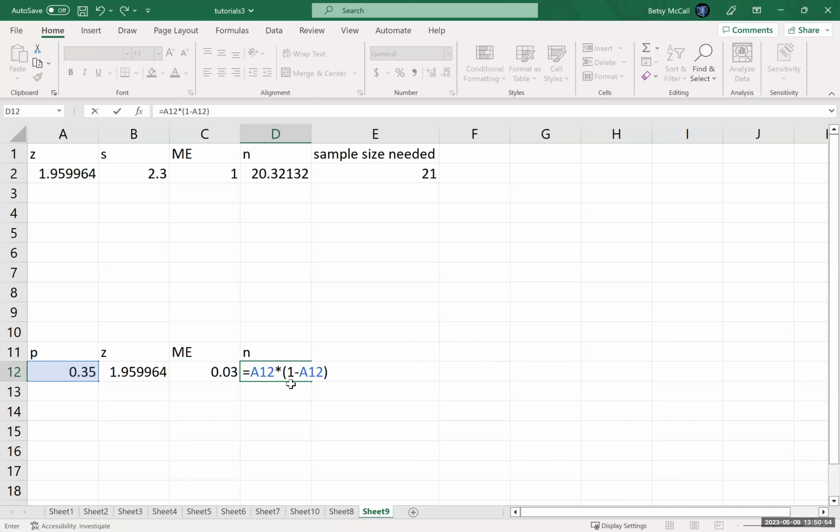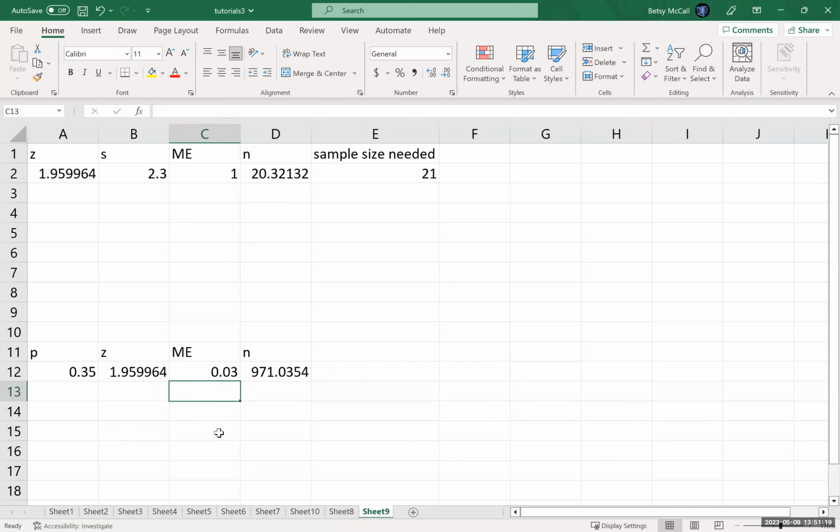So they are not re-squared in order to cancel the square root around N. We just canceled the square root around these two. But then the Z has to be squared, and the margin of error has to be squared. This is very important. You will not get a good answer if you do not square both of these.